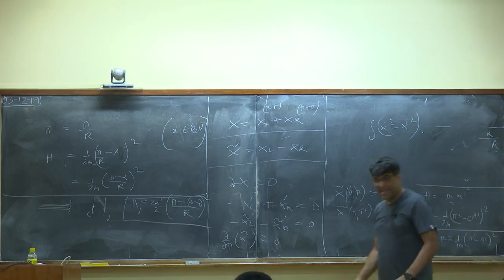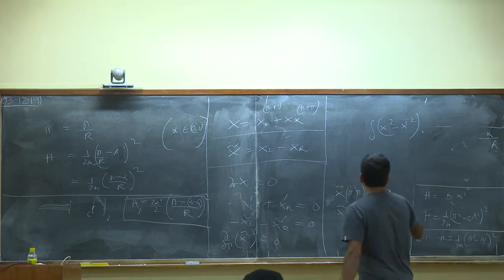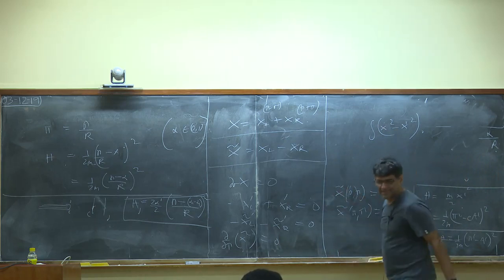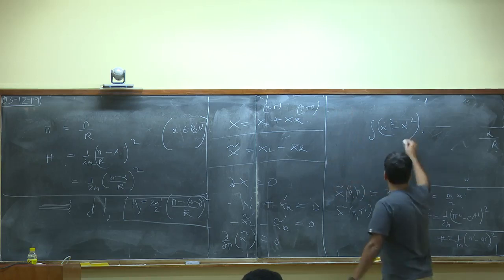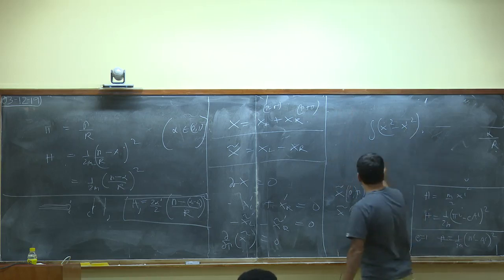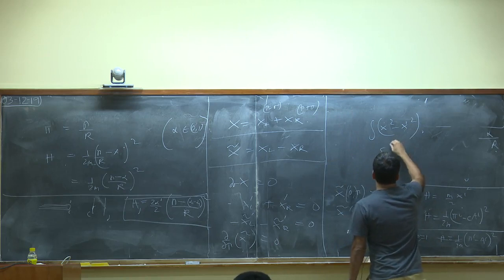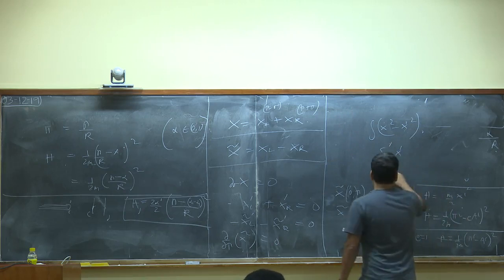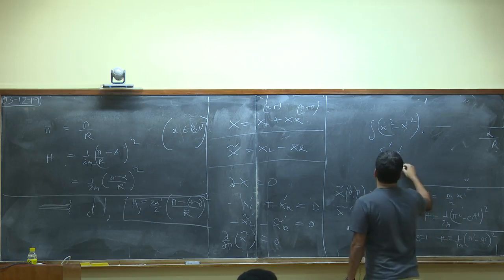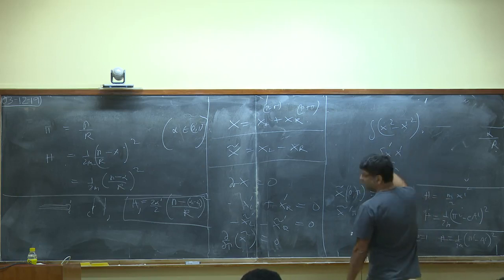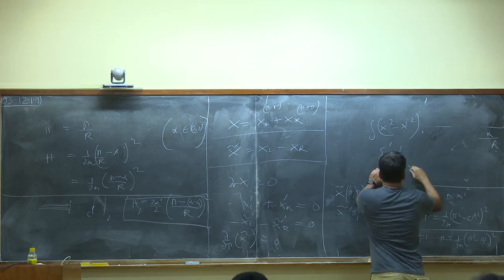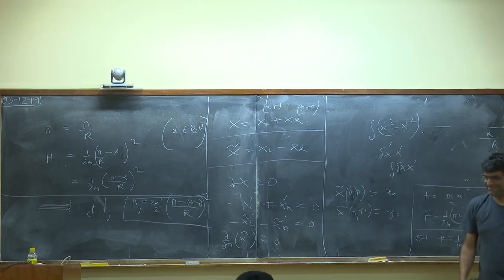Then we varied this action, and since we're looking at the boundary at sigma, there was a boundary term because there was a delta x prime. We integrated by parts, and we got a boundary term which was delta x times x prime at the boundary.